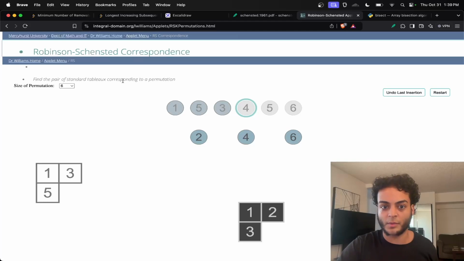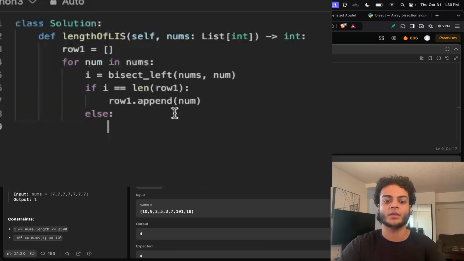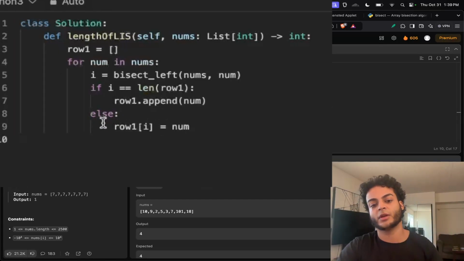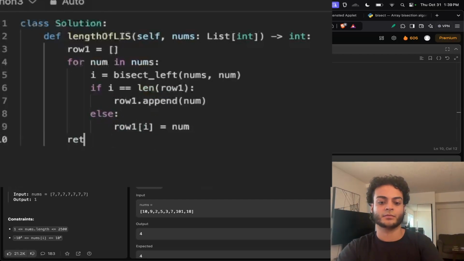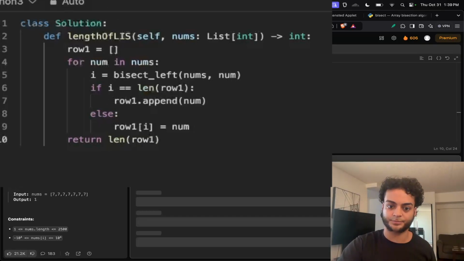But if we remember from our theorem, we really only care about the length of this top row. So instead of pushing these numbers down, I'm just going to discard them. We basically never look at them again. So I'm going to replace that position with a number, and whatever was at this position I don't care about anymore. And once I've inserted all my numbers, I can just take the length of our top row and return that.